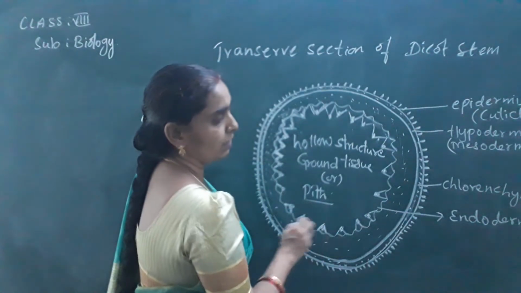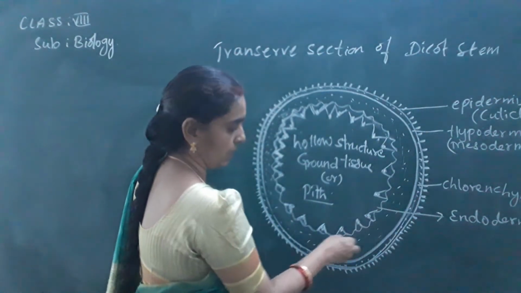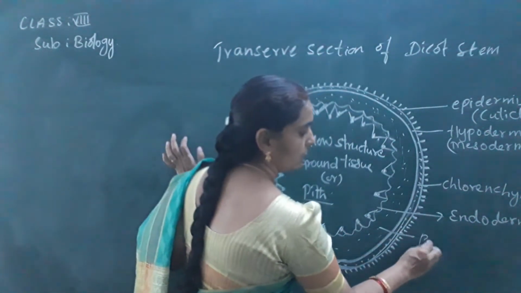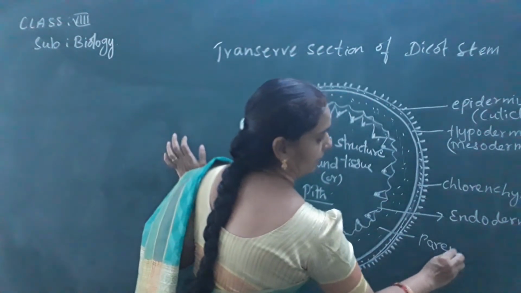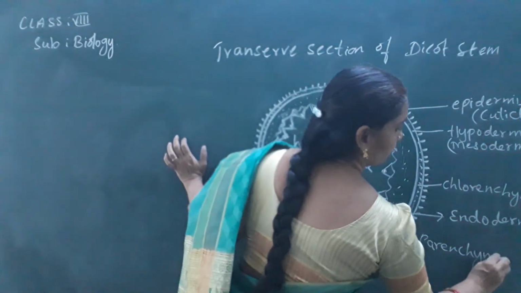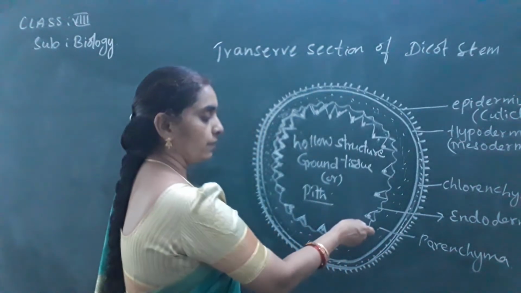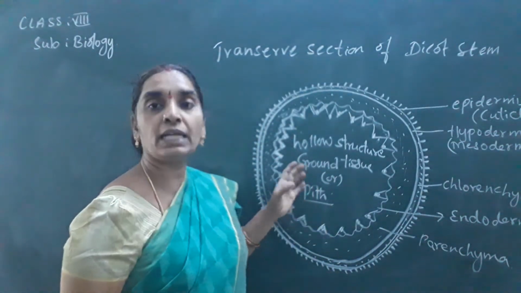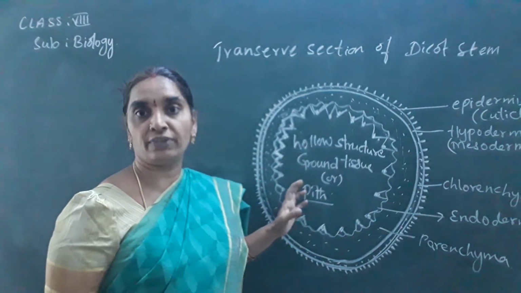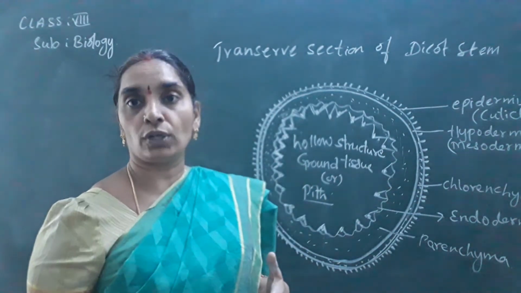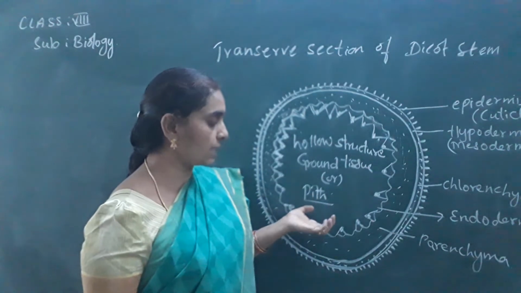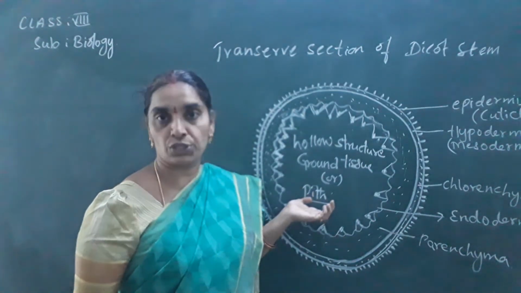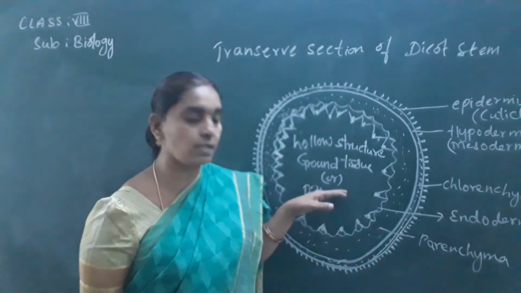Inside the mesodermal layer, there is an endodermal layer, and these are the parenchyma region, where you find the vessels, that is xylem and phloem vessels, which conduct food and water for the plant, where the conduction of the food and water for the plant takes place in this region of the ground tissue, where the xylem and phloem vessels are present.